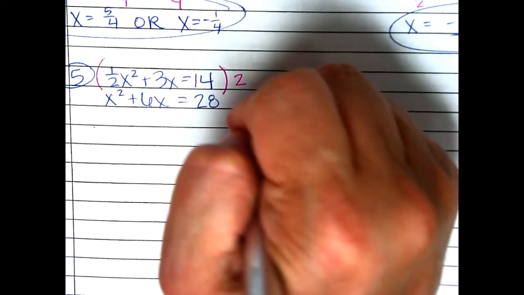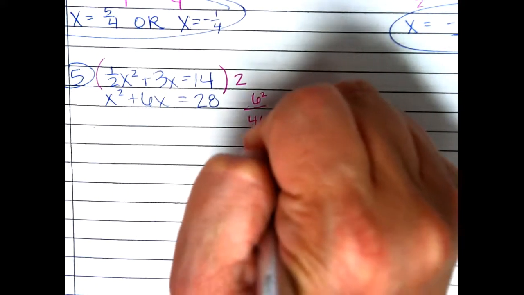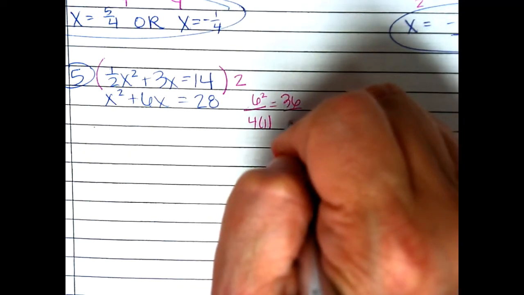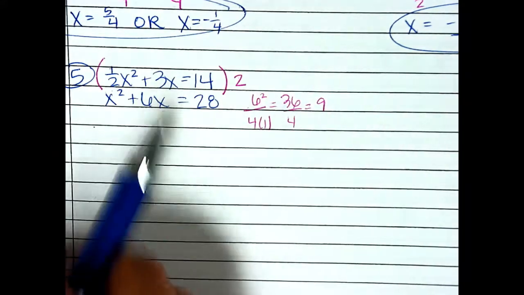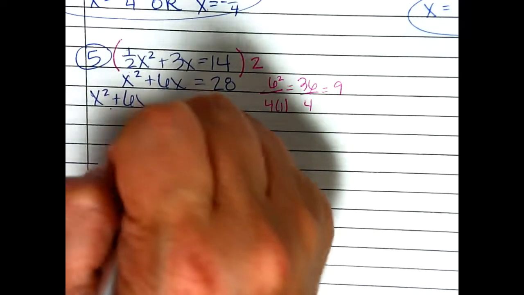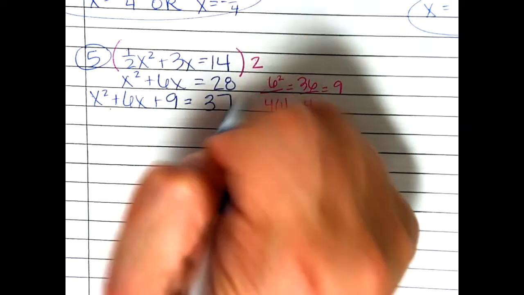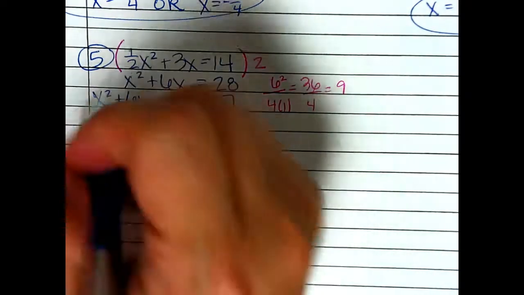So I have 6 squared over 4 times 1. 6 squared is 36, over 4, which is 9. So 9 is what I'm going to add to both sides of my equation. So I have x squared plus 6x plus 9 equals 37. I'm going to factor the left side as the perfect square trinomial.